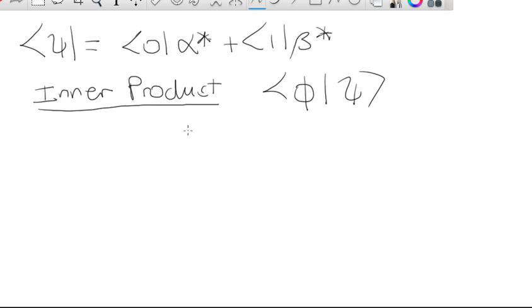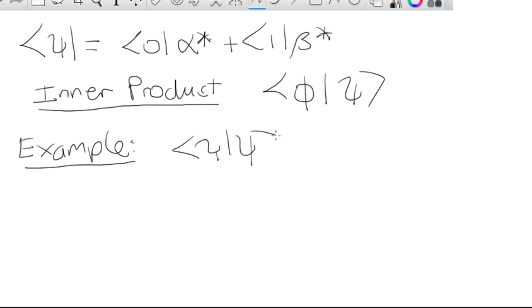Okay, so now let's actually look at an example. Example: calculate the inner product of psi with itself. Now remember, just so we don't forget, psi we've defined previously as alpha 0 plus beta 1.